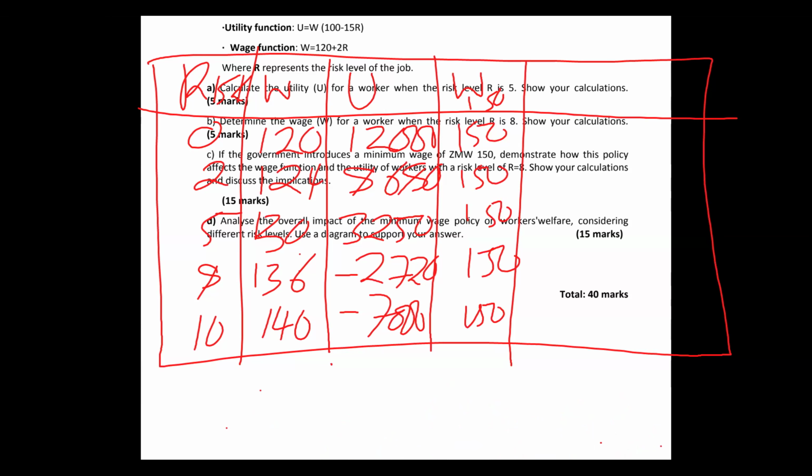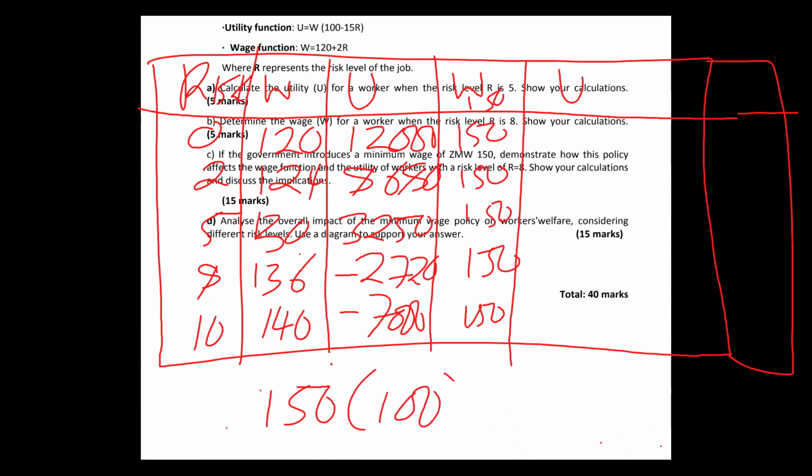We want to see utility and the effect on the other side. What happens when wage is now 150 times 100, because it's 100 minus 15R. R is 0 now. So it will be just 150 times 100. That gives us utility of 15,000, isn't it?